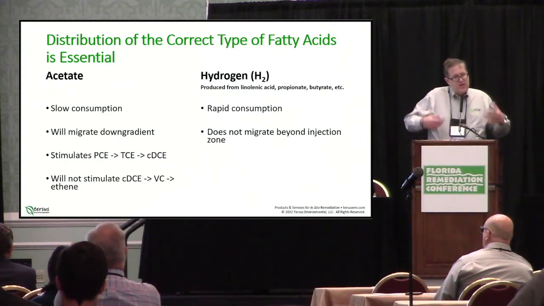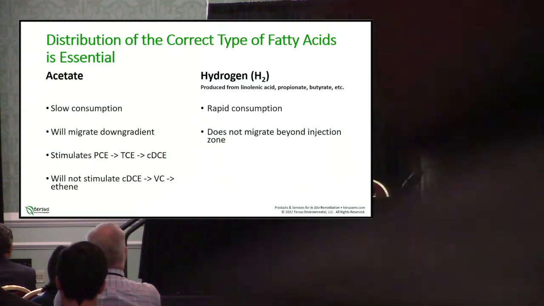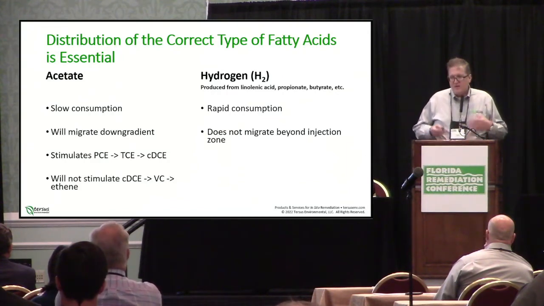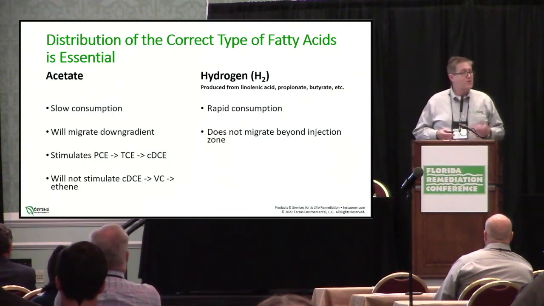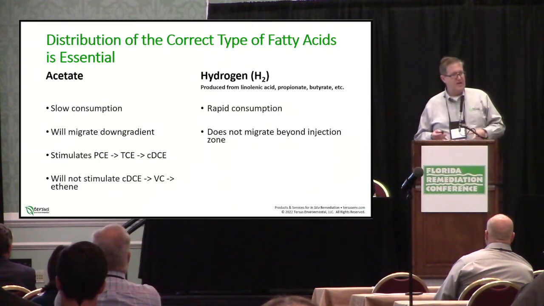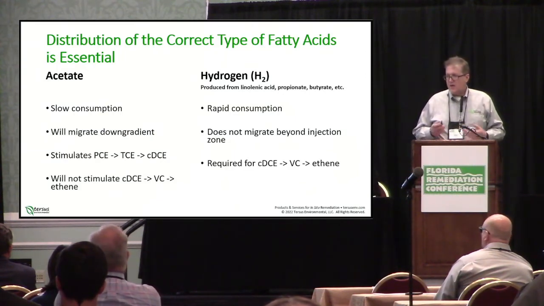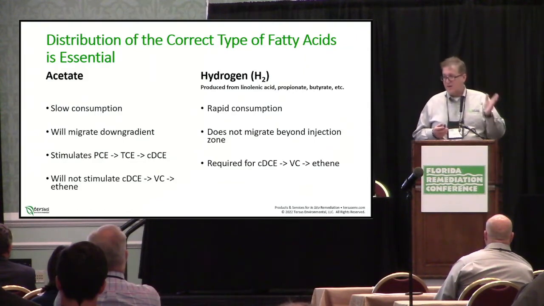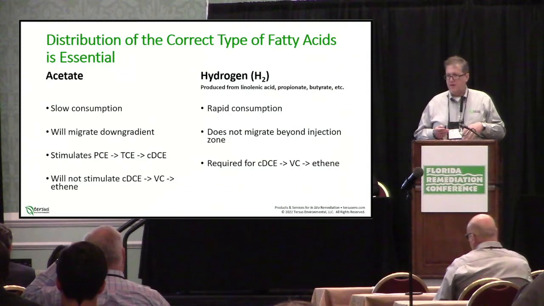So you can inject a donor, and right around the injection zone, you're going to see complete dechlorination, because that's where the hydrogen is. But down gradient, you may see cis-DCE stall, and you're wondering what's going on here. It's because in those down gradient wells, you're only generating acetate and not any hydrogen. So hydrogen is required to stimulate cis-DCE to vinyl chloride to ethene.